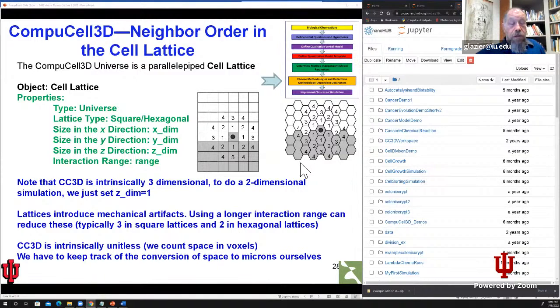In a real Cartesian world, the distance between points (x1, y1) and (x2, y2) would be the square root of (x1 minus x2) squared plus (y1 minus y2) squared. Just the Pythagorean formula. On a lattice, distances follow the lattice, and so the scaling isn't so simple.